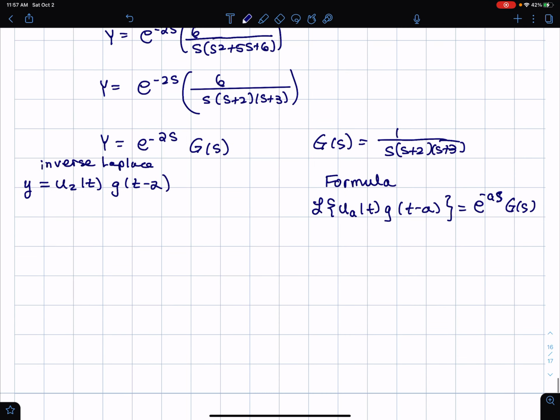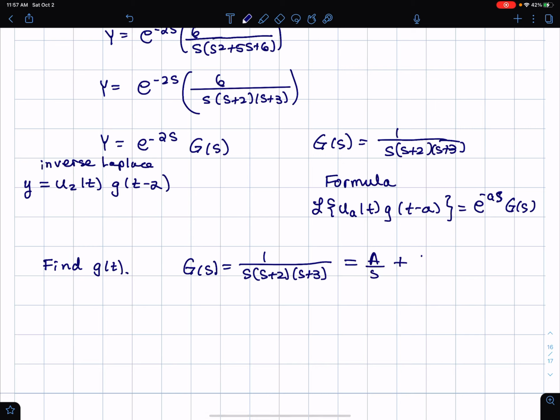So we're going to find g(t). G(s) is equal to, again, 1 over (s plus 2)(s plus 3), and that's a over s plus b over s plus 2 plus c over s plus 3, where we're using partial fractions.